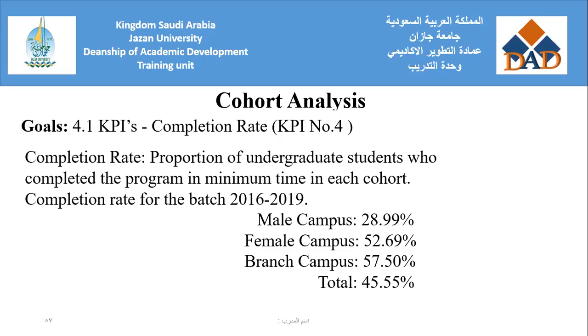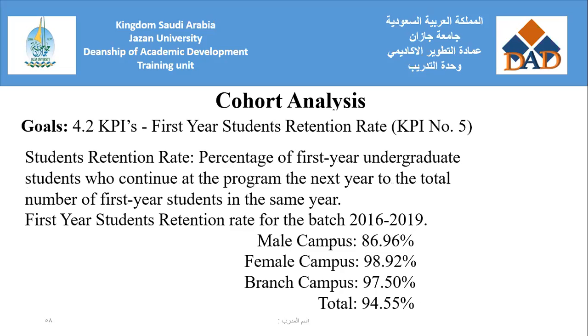For the 2016-19 batch, from the cohort analysis report, male campus has a 28.99% minimal graduation rate, female campus 52.69, and branch campus 57.50. So the program's total minimal graduation rate is 45.55%.